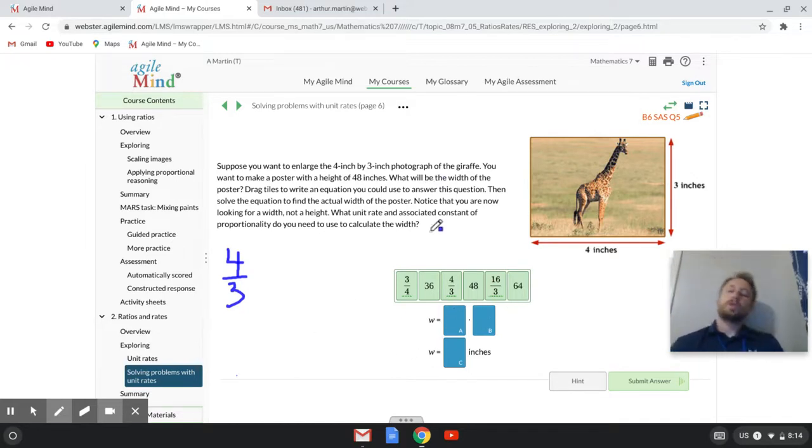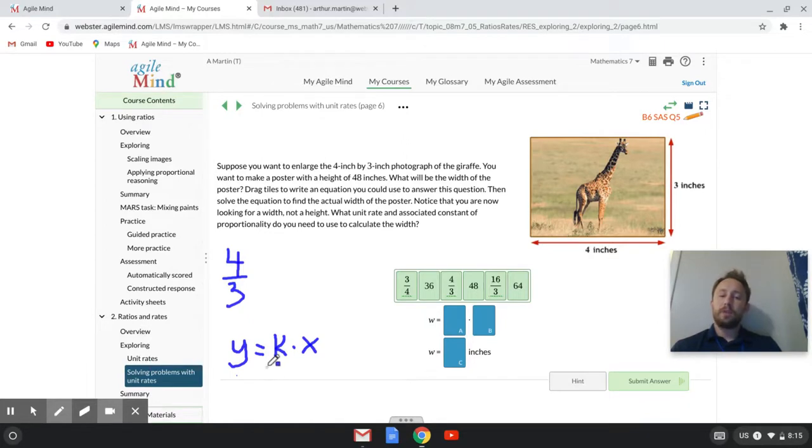So I want to show you something. If Y equals our constant times X, where Y is our height and X is our width, how can I solve for X? What would I need to do?